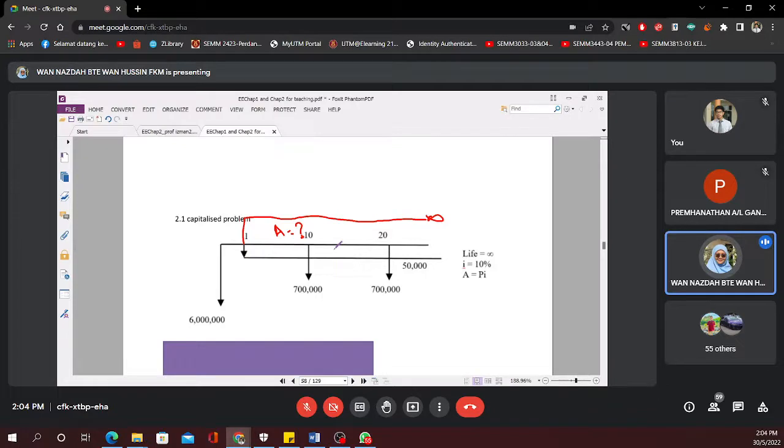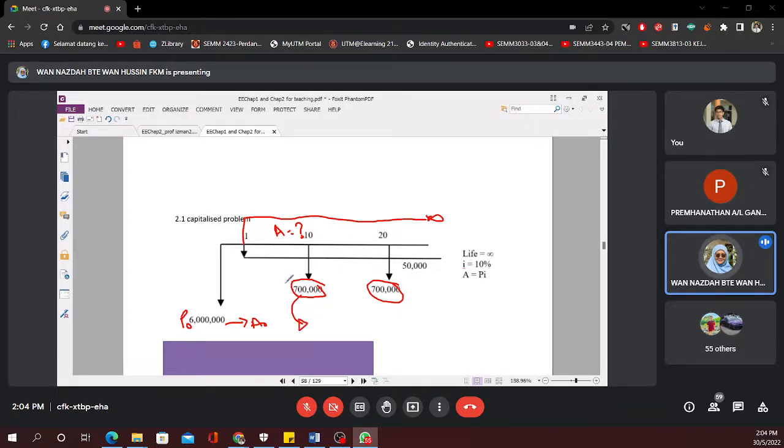If you want to determine the A value, you need to convert this P at n equals 0 to A. For this recurrent situation, this is the operational cost for every 10 years, so you just regard it as one cost only.